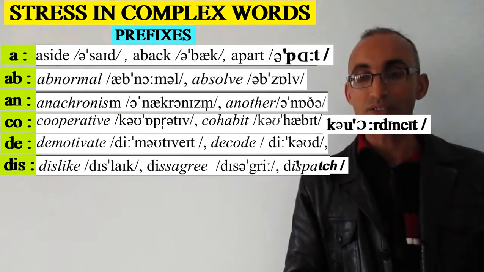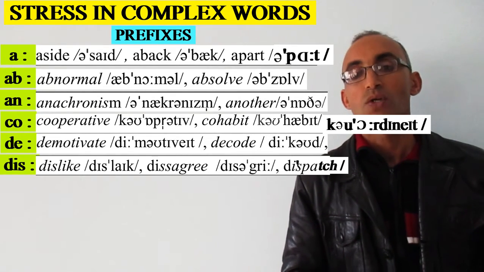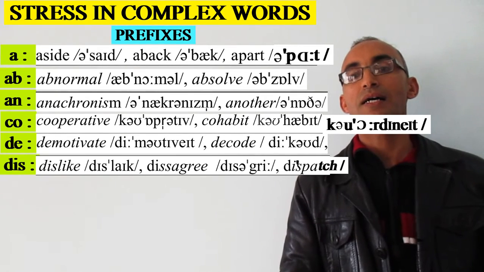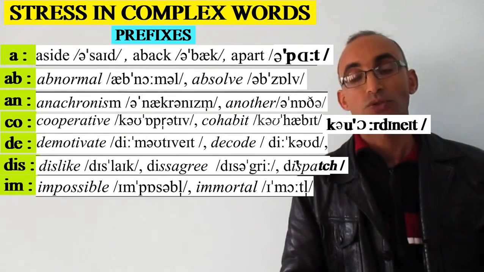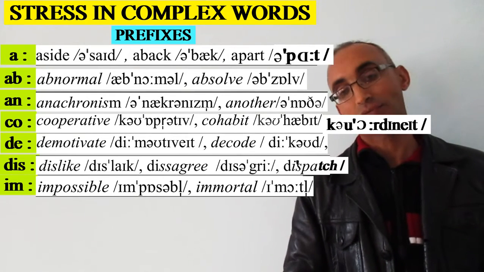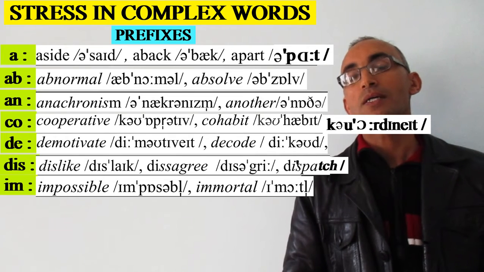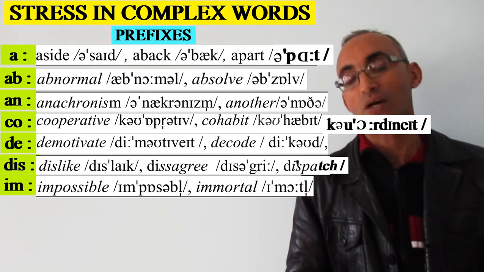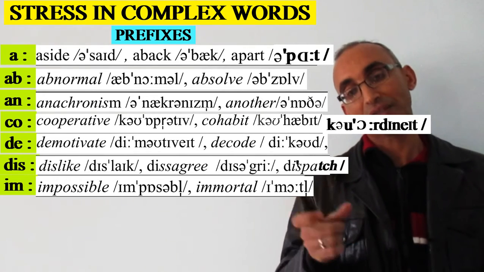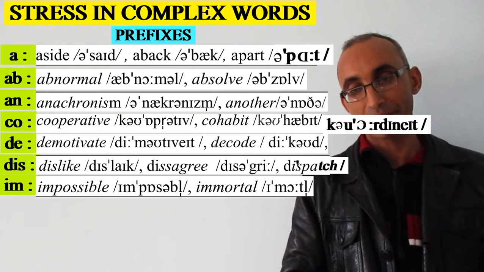Dispatch. Here also dis is neutral. Also, we have the prefix im, like impossible. So here pos is stressed, but im is neutral. No stress on it. Also, immortal. Stress is not on the prefix im, but on mortal.